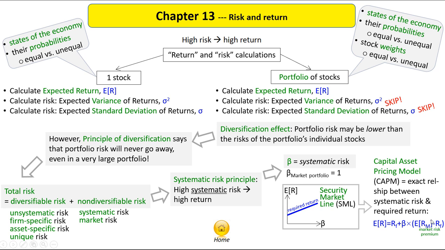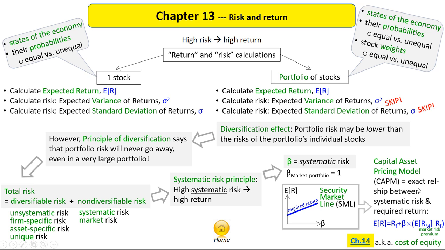The whole term in the parenthesis is also known as the market risk premium. So this formula calculates for us the required return given how much systematic risk that particular company stock has.